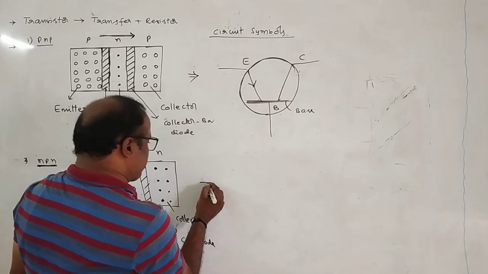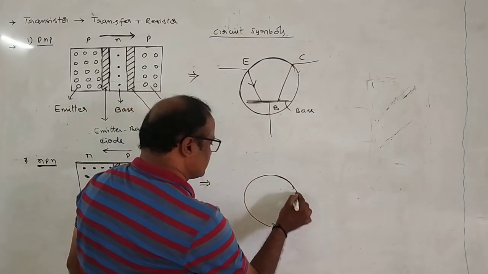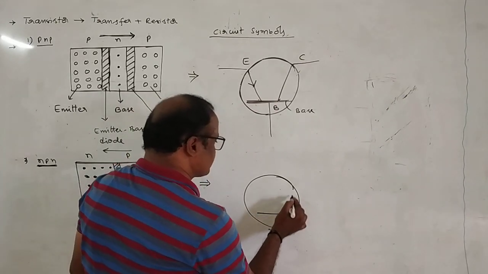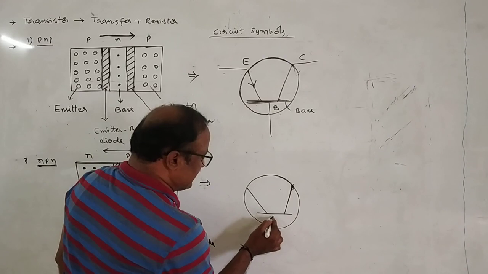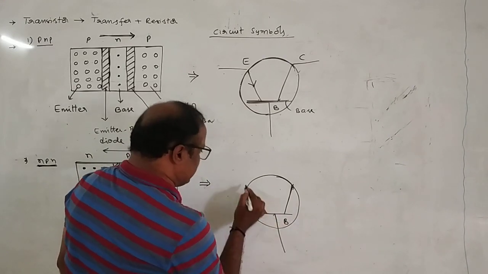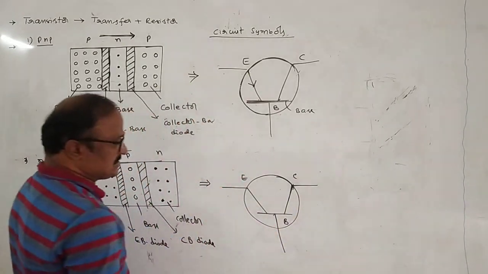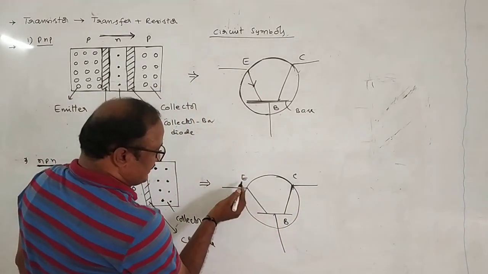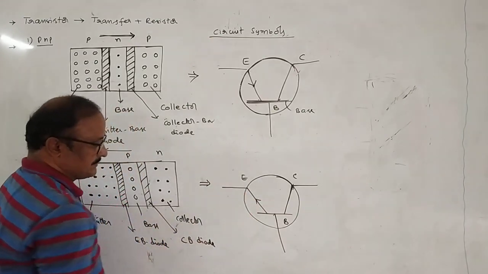Next, the NPN transistor. In the same way, this is an NPN transistor. This is the base, and of these two lines, one is the emitter line and the second is the collector line. On the emitter line, suppose the arrow mark is taken from base to emitter.